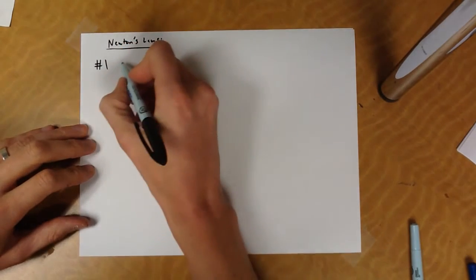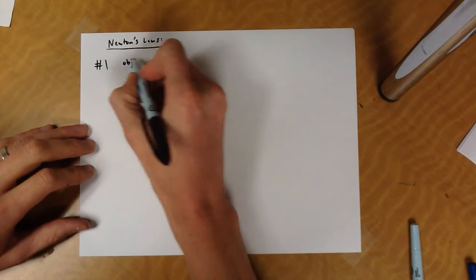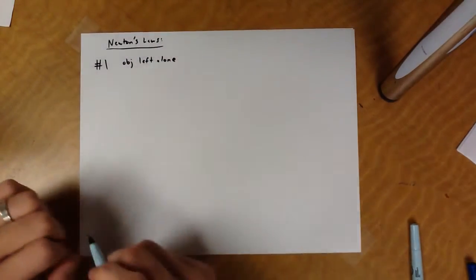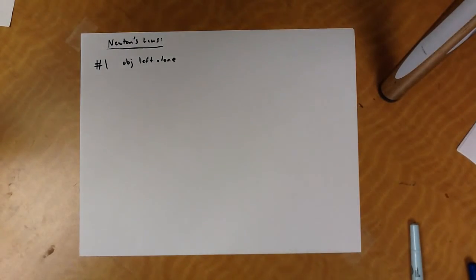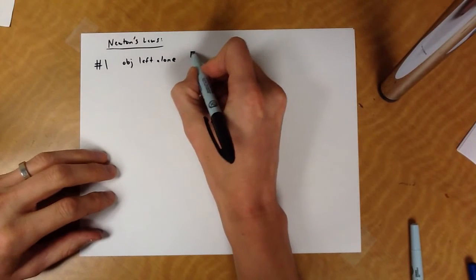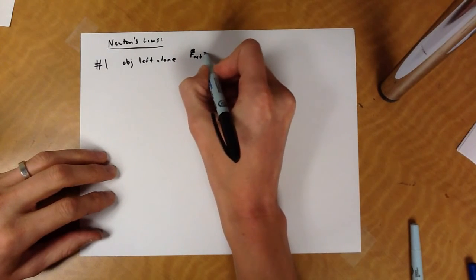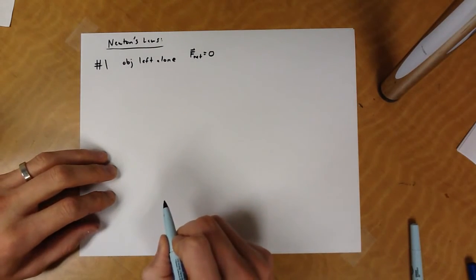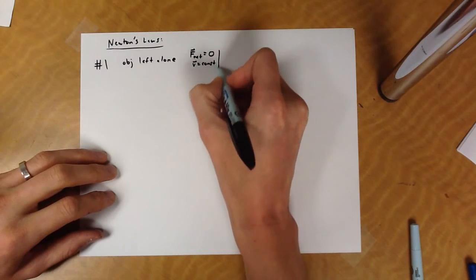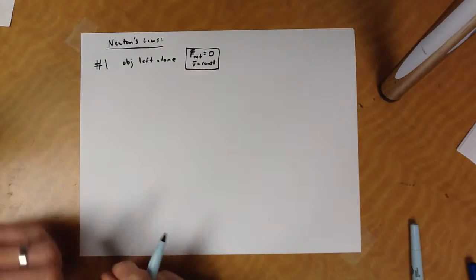The first law talks about an object when it's left alone. Before we ever let an object be poked and prodded, we want to establish what it does. So, of course, we learned that if you leave it alone, that means the net force is 0. And we learned that the object just keeps doing what it's already doing. So that's basically the first law.